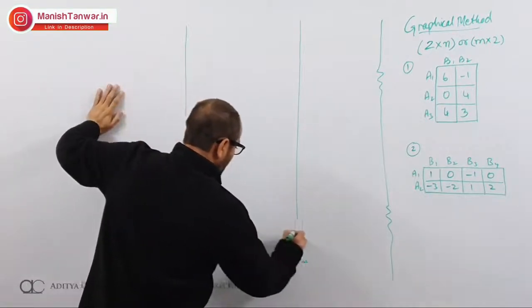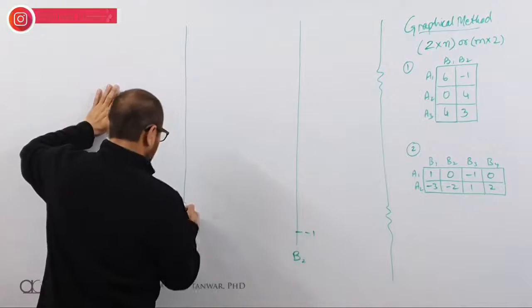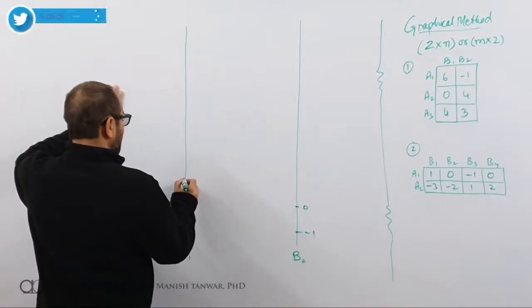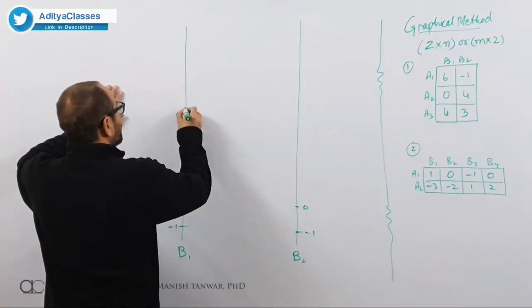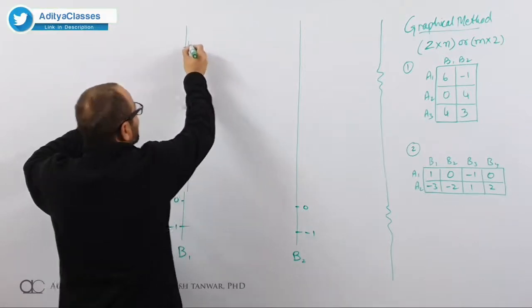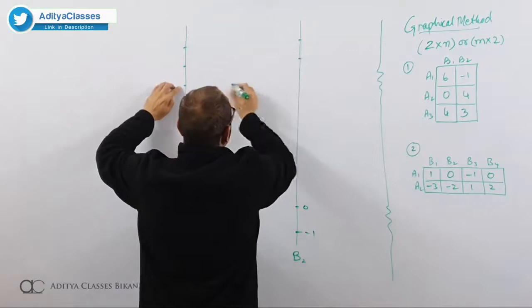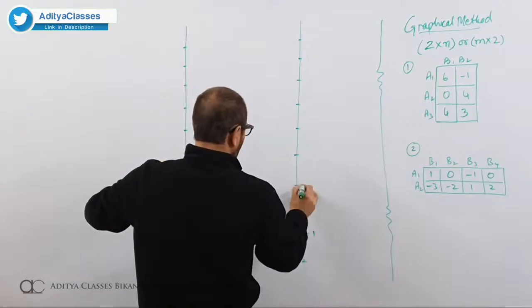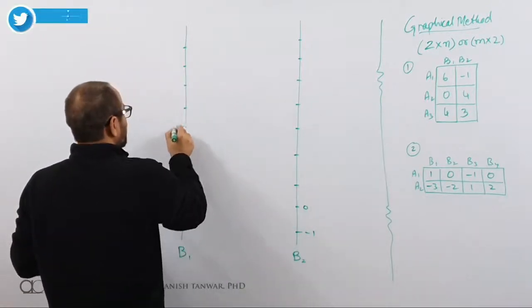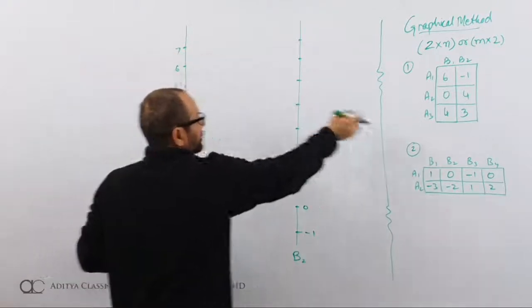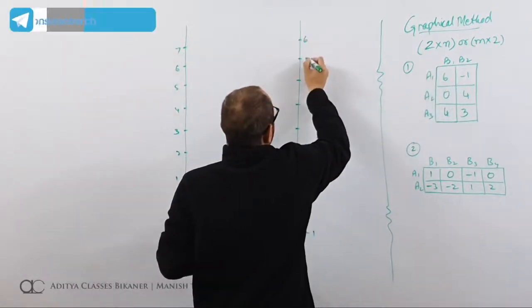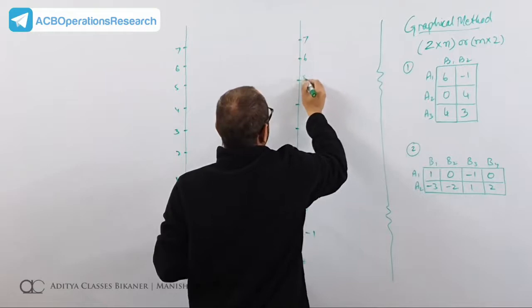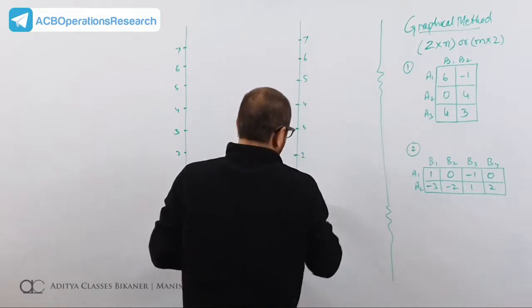Let us say we have a -1 over here, then 0, and then I can proceed further with 1, 2, 3, 4, 5, 6, 7, because my values are ranging from 6 to -1.